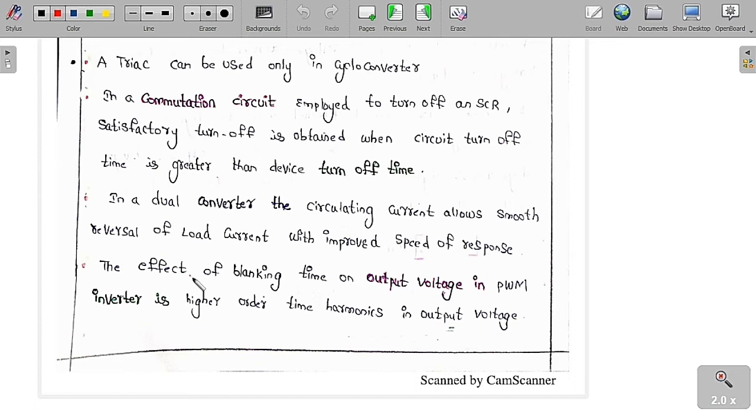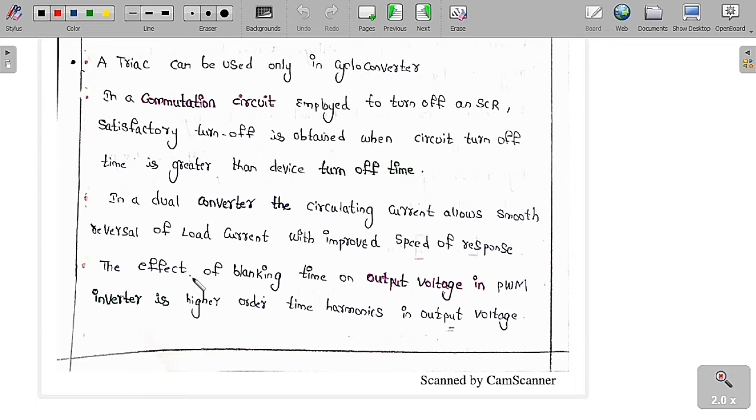Means if in a PWM inverter the output voltage is 0 for some time, then because of that a huge amount of harmonics are going to be present in the output voltage. Because of this blanking time, for a small amount of time the output voltage is 0 in a PWM inverter, so higher order harmonics are present in the output voltage. That is the meaning of this statement.